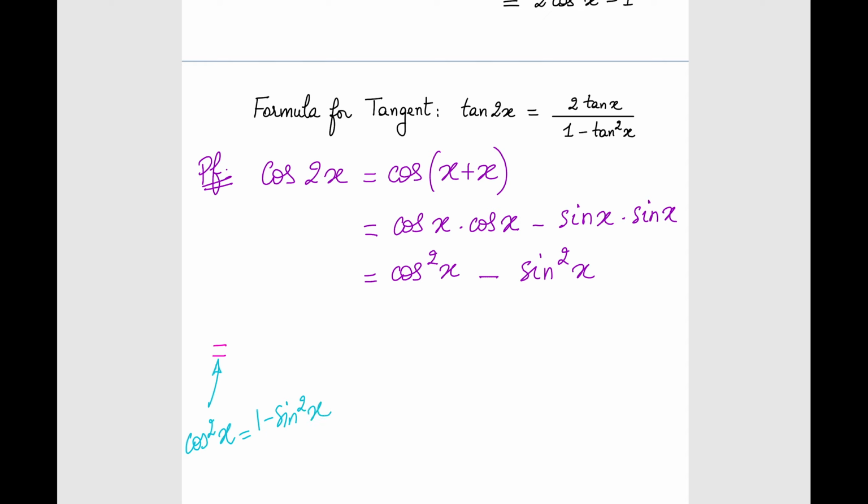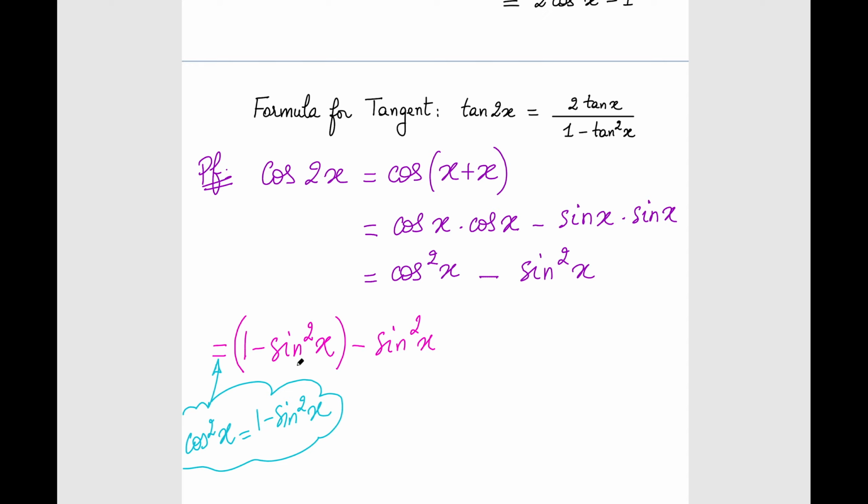Agree with that? And this means instead of cosine squared, I can look at it as 1 minus sine squared. So this becomes 1 minus the square of sine x, replacing cosine squared because of this identity, minus sine squared of x, right?